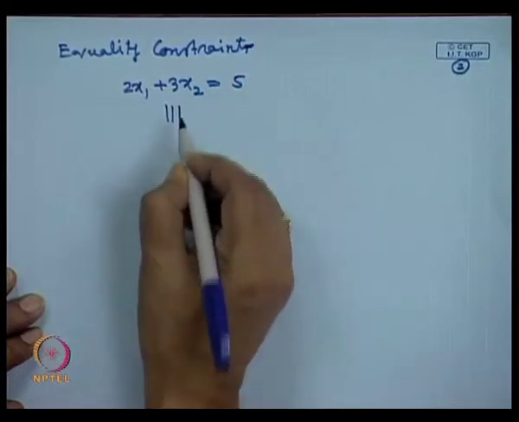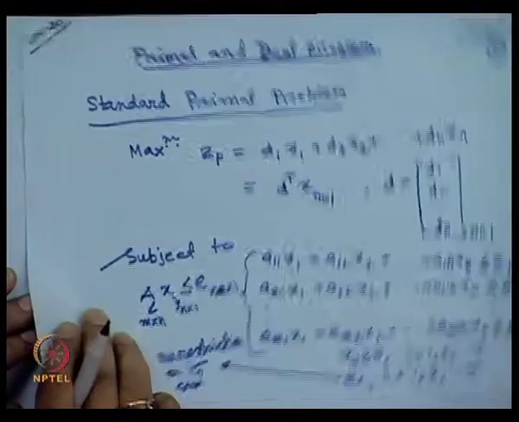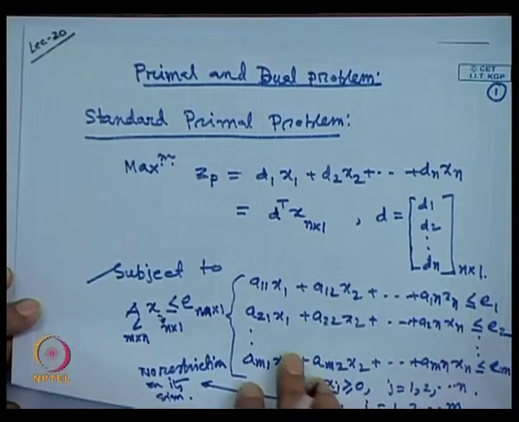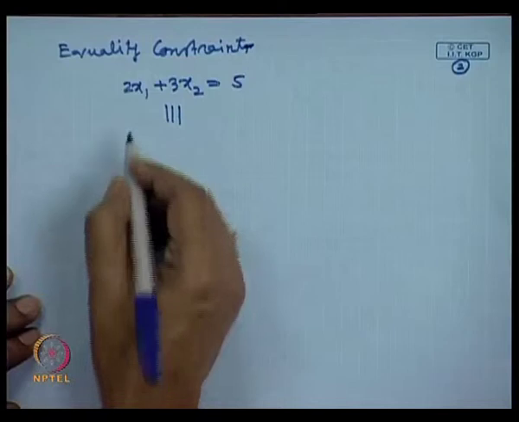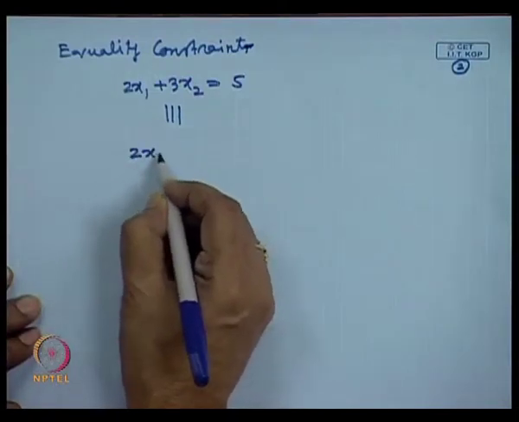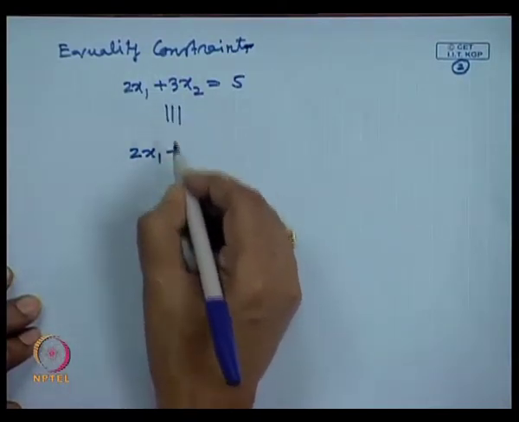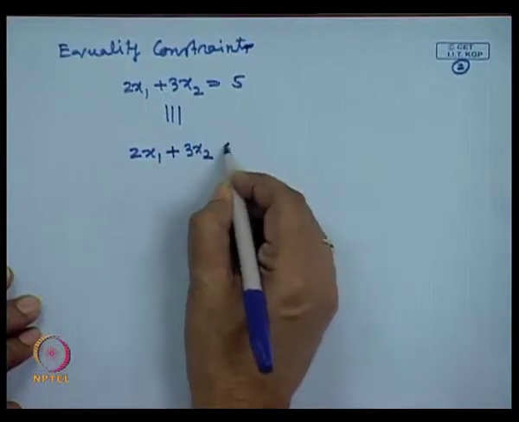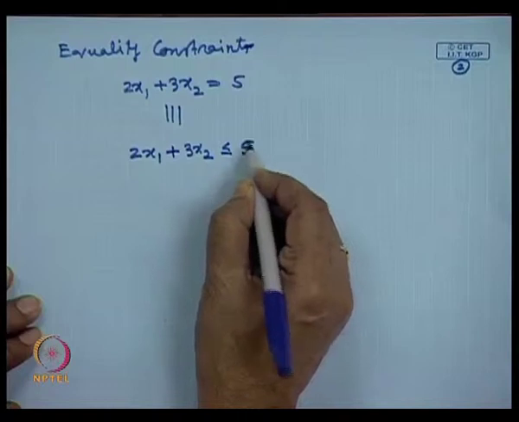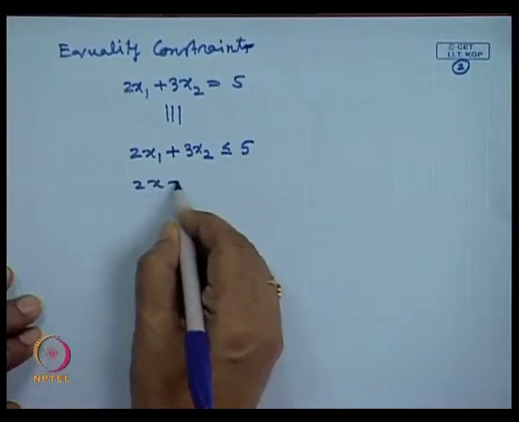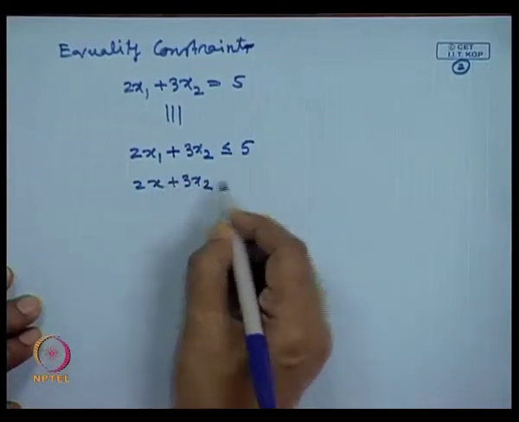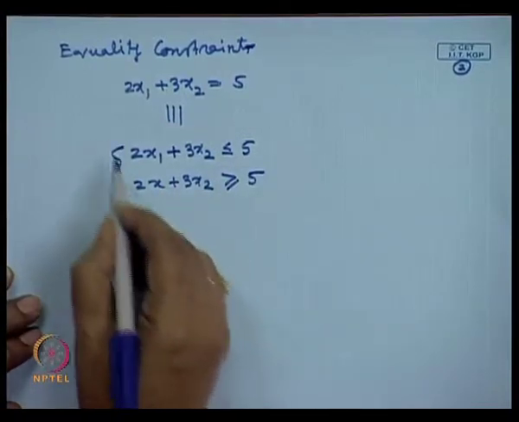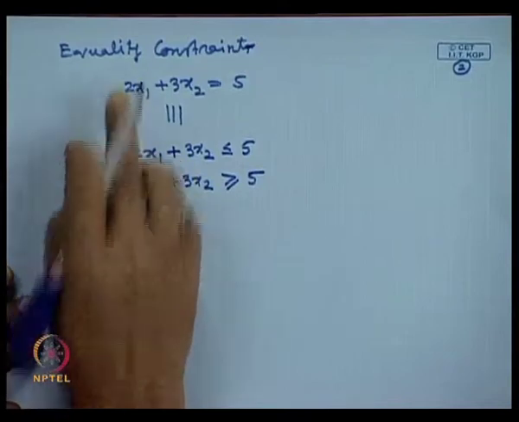Because we want to convert into the standard primal problem, we have to convert it into less than or equal to. I can write this as a set of two inequalities: 2x1 plus 3x2 less than or equal to 5, and 2x1 plus 3x2 greater than or equal to 5. These two together are equivalent to the equality.